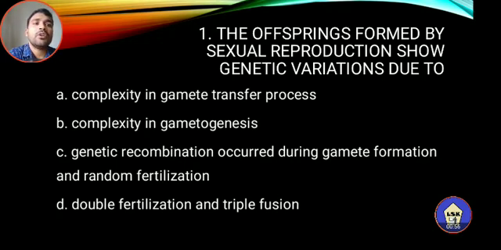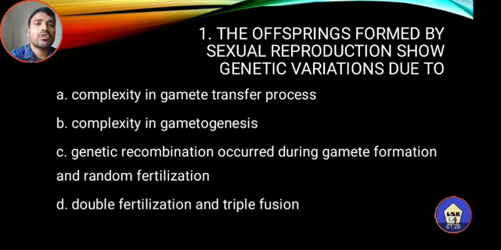The gametes are produced by meiotic cell division, and in meiosis, during the prophase 1, genetic recombination takes place. Genetic recombination leads to a new combination of genes. At the same time, random fertilization also leads to a new genetic makeup.